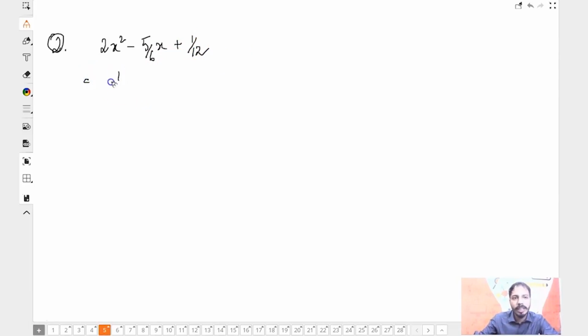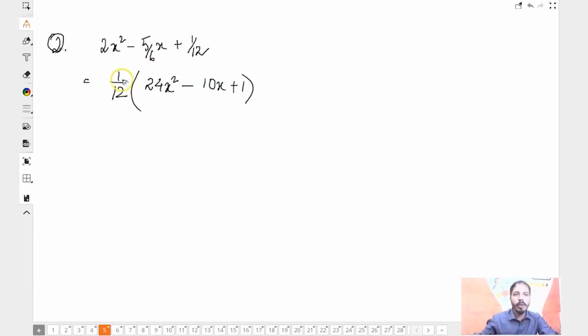If I take 1 by 12 common, what will happen? I can say this is 24x square minus 10x plus 1, and if I put 12 here, that means I have to multiply with 2.